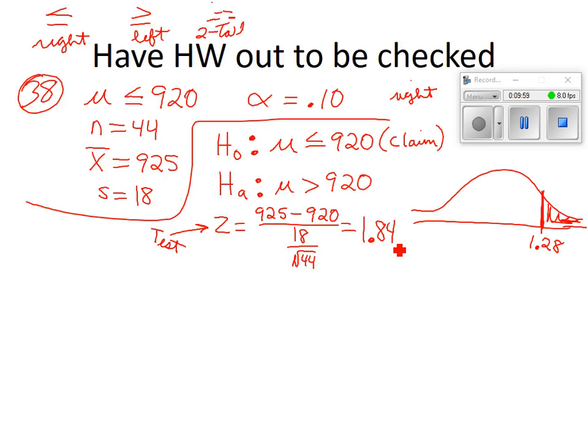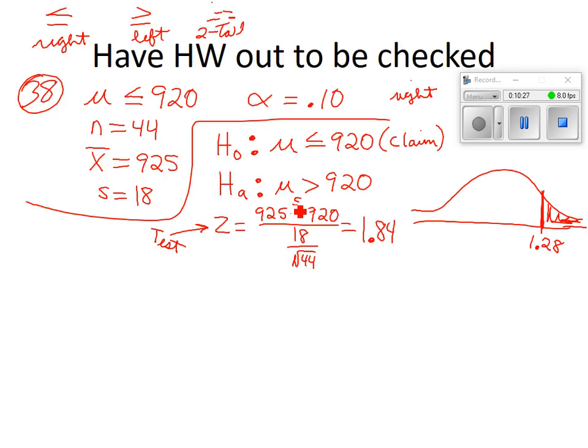Okay, 925 subtract 920 divided by 18 over the square root of 44. On top, sometimes you can do this in your head. What's 925 minus 920? 5. So I punch in 5 divided by, and you've got to be careful with your parentheses.